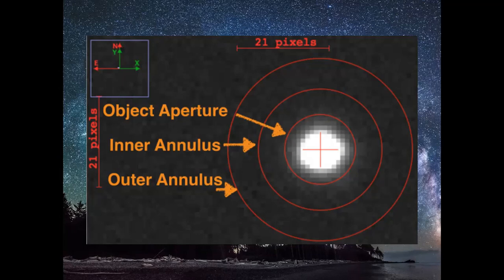The number of pixels that lie in this small circle is basically your object, the object that you're looking at. Then the inner annulus and the outer annulus will contain those pixels which contribute to the sky noise. So for that you define the inner annulus and the outer annulus in this particular fashion.